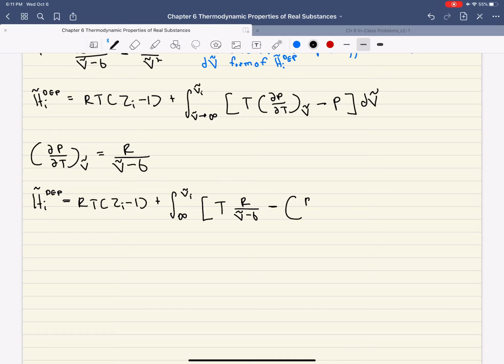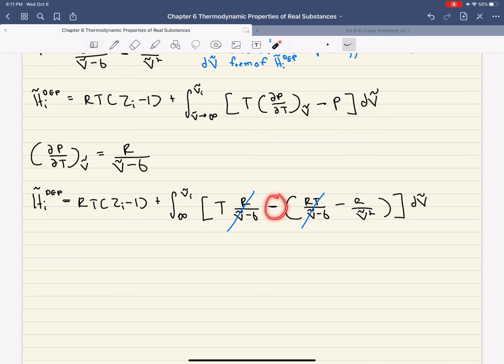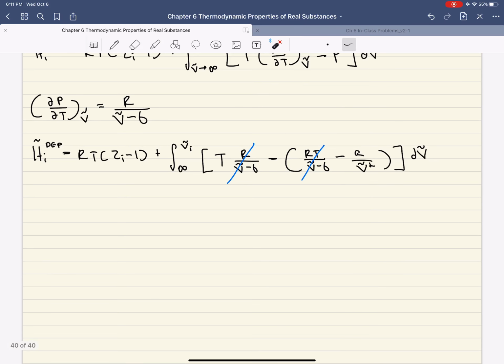So RT over V minus b, minus a over V squared. Okay, this term and this term cancel. The negative sign turns that positive.